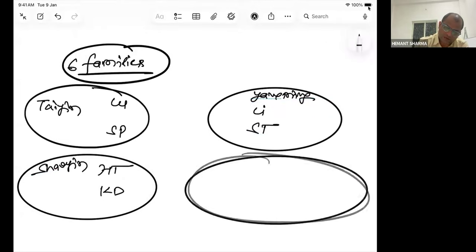The fourth family is Taiyang, SI and UB.